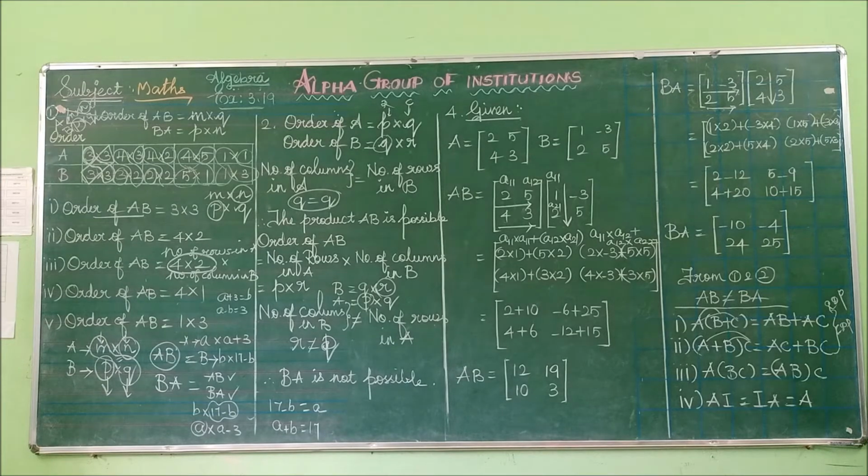If A, B, C are m cross n, n cross p and p cross q matrices respectively, then AB into C is equal to A into BC. So for example, if you take 1 into 2 into 3, which is equal to 1 into 2 into 3.